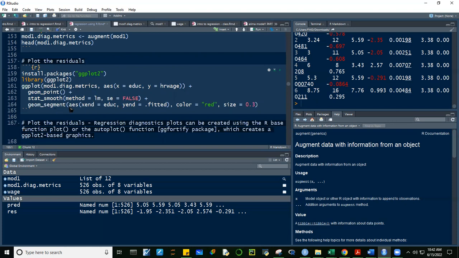And then gagawa natin, guys, ng segment. Okay? Sa x-axis will be ang dulo ng x will be education. Ang dulo ng y will be the fitted value. Lalagyan din natin ng color at saka ng size. Okay? So I'm not going to install ggplot2 anymore. Okay? Library lang natin.